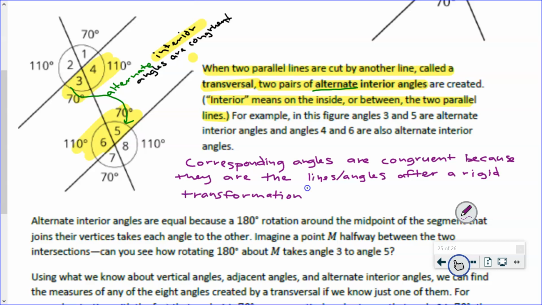Specifically, a translation. We translated one parallel line to the other parallel line, and it matched up those angles yesterday.